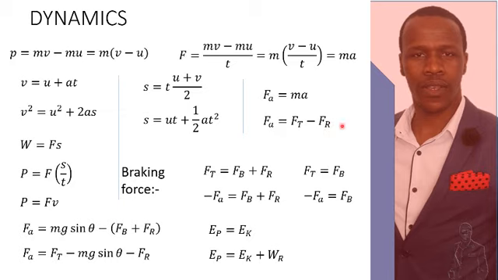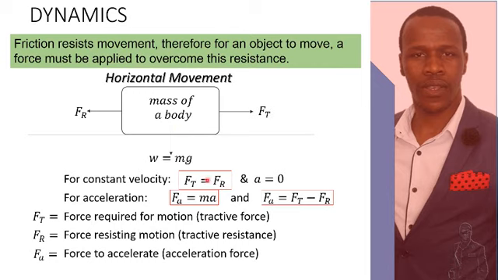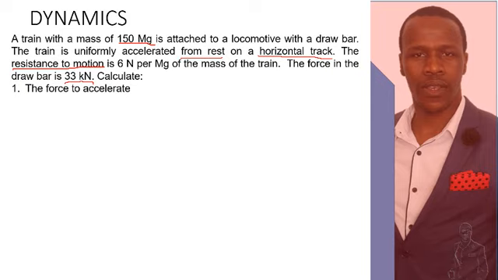So this is the ideal formula for us to use. But let's check if under the horizontal, yes, horizontal for acceleration, we talked about horizontal, we talked about acceleration, here we do have that formula, so we can simply use that formula.